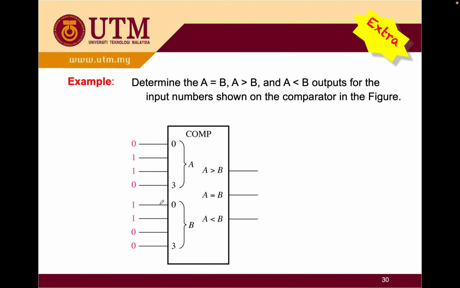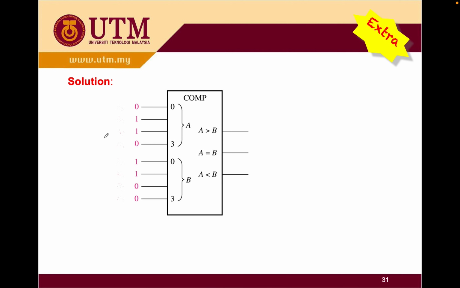We have 0 1 1 0, 0 1 1 0, and another one is 0 0 1 1. Of course, by just looking at these numbers, we already know what we're going to get in our output. It is A more than B, right?